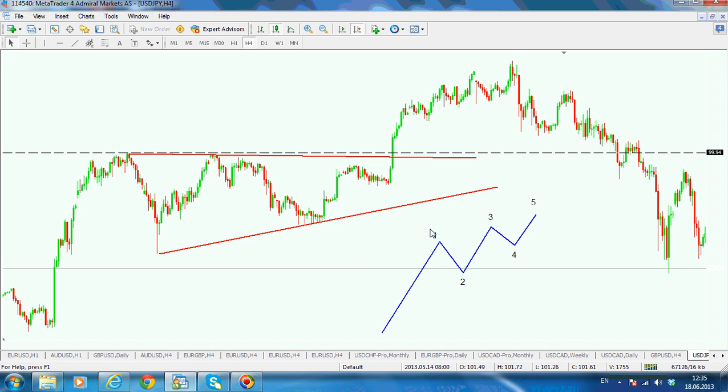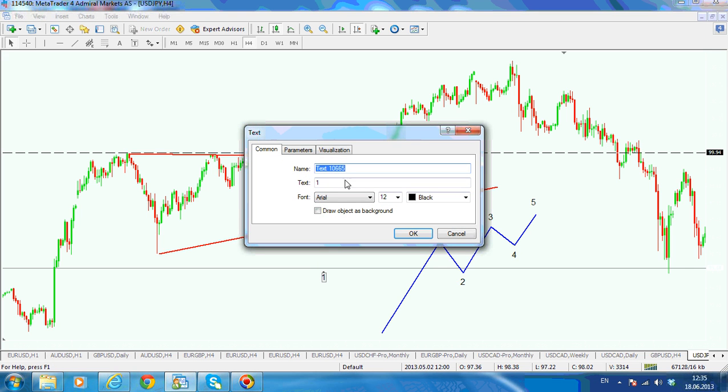So let's write here that this means the first wave extension.